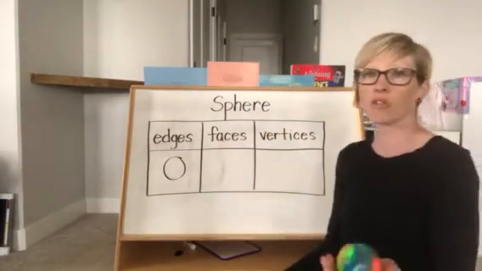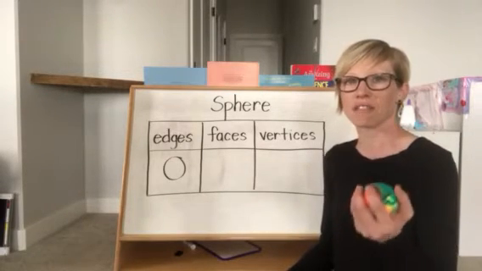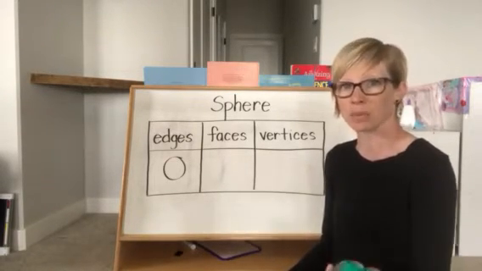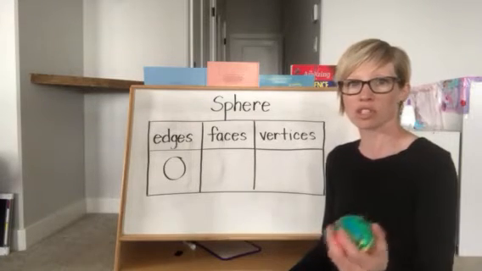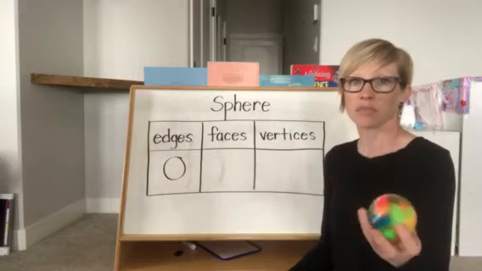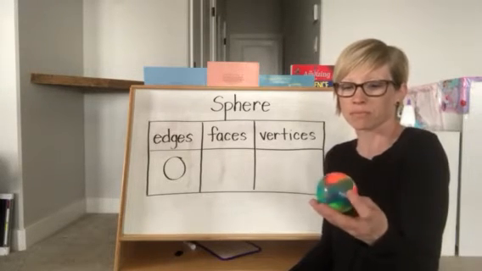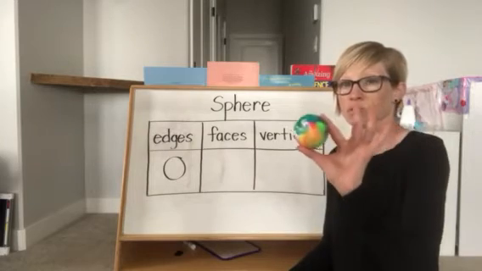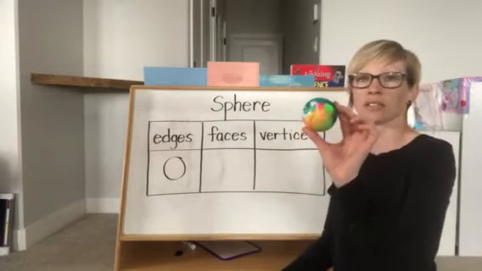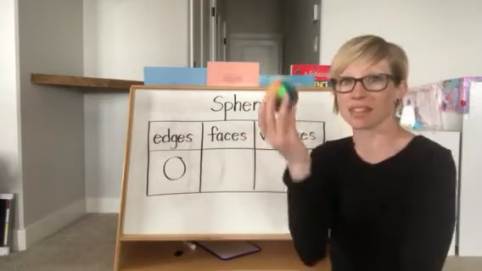And then we need to think about faces. Just a reminder, a face is a flat 2D shape. 2D shapes are triangles, circles, squares, the shapes that you would know from class. Do you see any faces, any flat shapes on this sphere?